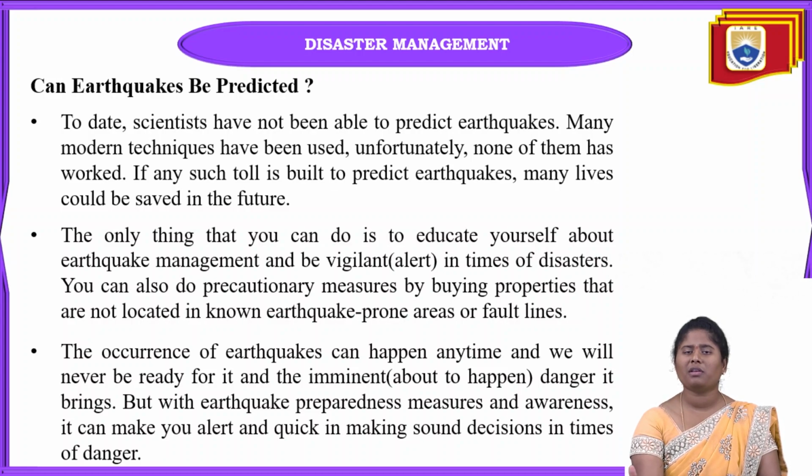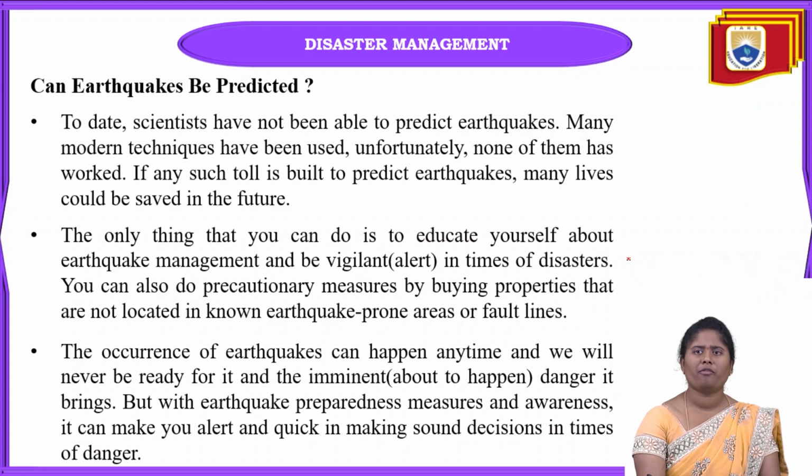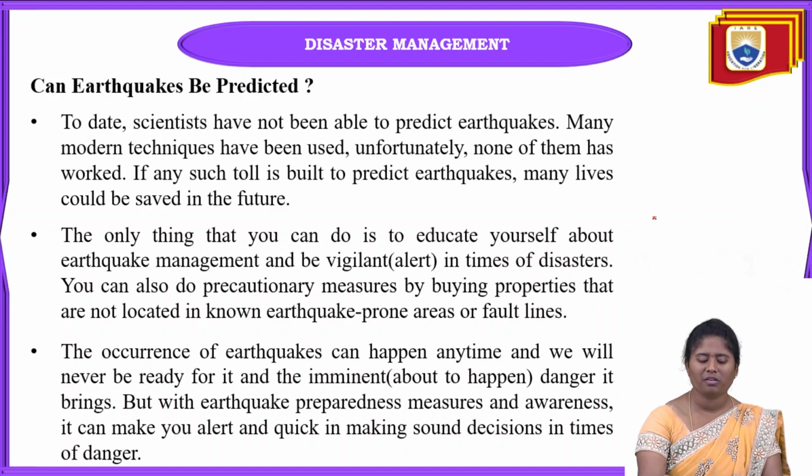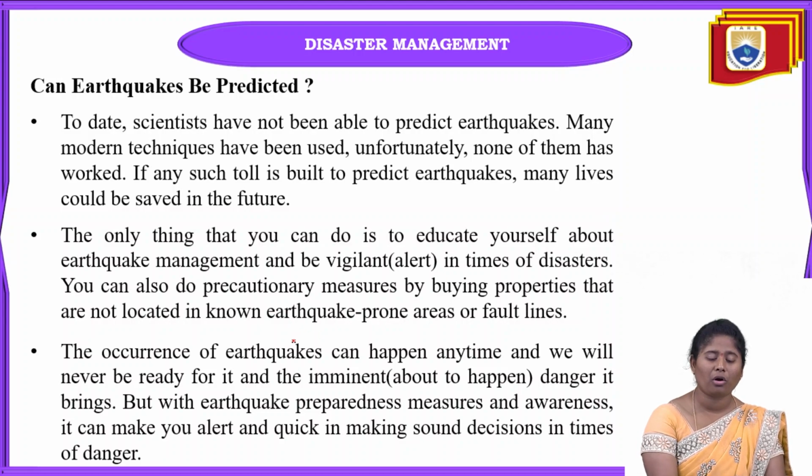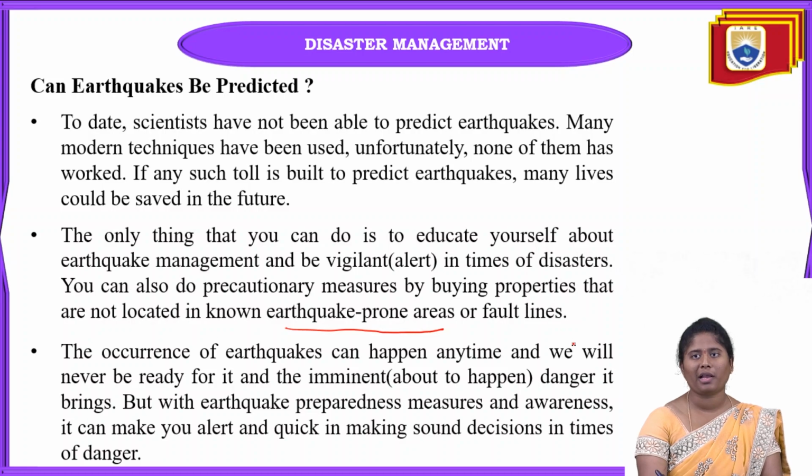Where earthquakes are not going to occur, there we have to buy a house or any other property. We have to avoid areas called earthquake prone areas or fault lines.